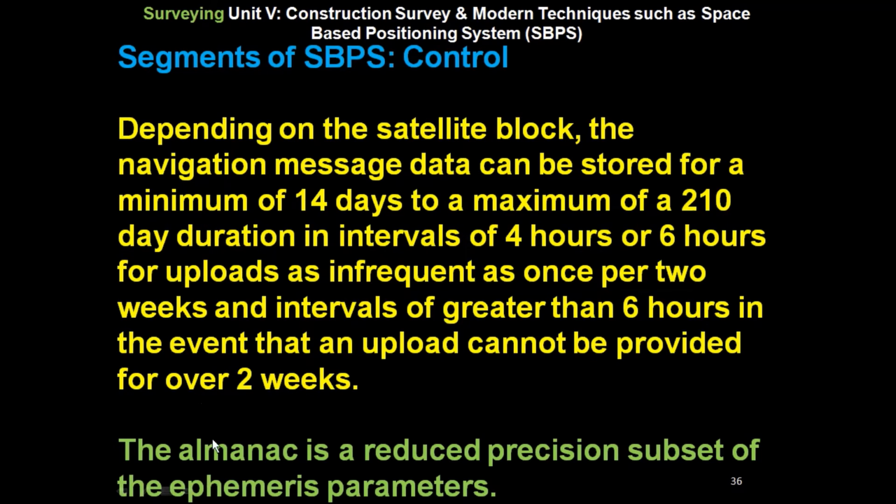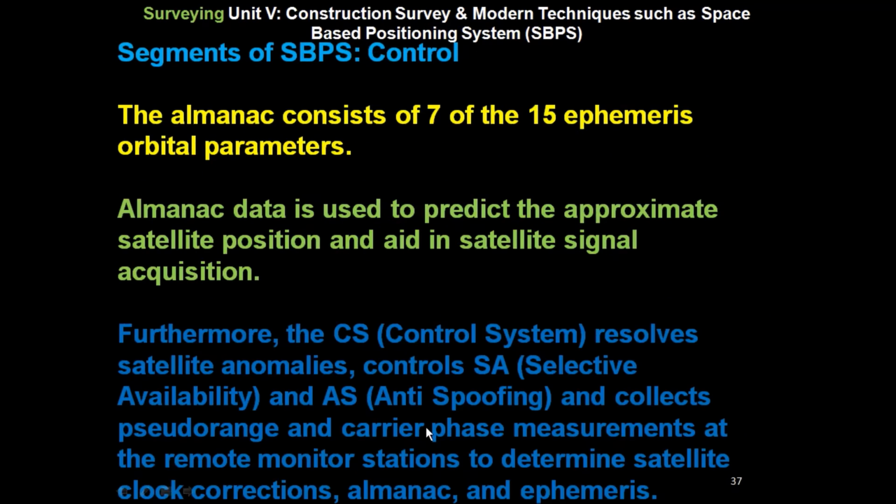The Almanac is a reduced precision subset of ephemeris parameters. The Almanac consists of 7 of the 15 ephemeris orbital parameters. Almanac data is used to predict the approximate satellite position and aid in satellite signal acquisition.